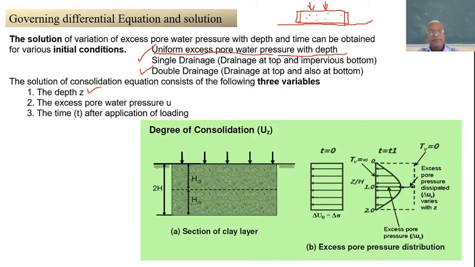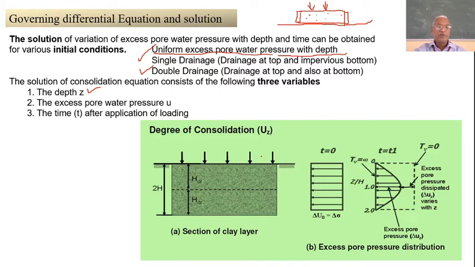Here there is a soil top level, and for understanding purposes we are considering 2H as the depth of soil, and from the mid-level, the maximum distance that water has to move out would be HDR, that is the drainage depth or drainage distance.